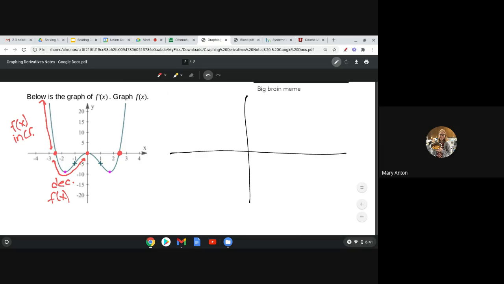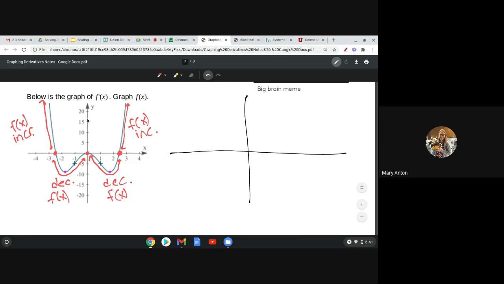And then we hit a slope of 0 again, and then we're still negative. So we're still decreasing. And then we hit a slope of 0 again, and then our function switches back to increasing because our derivative switched to positive.